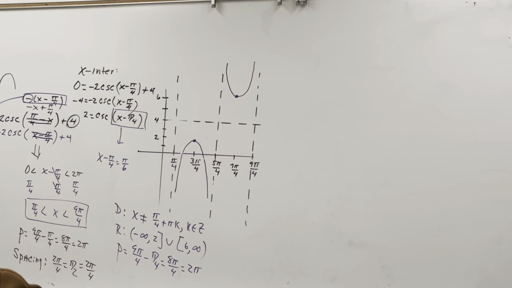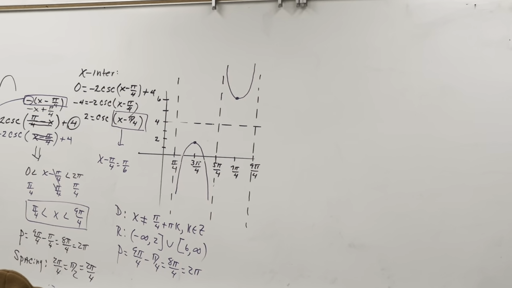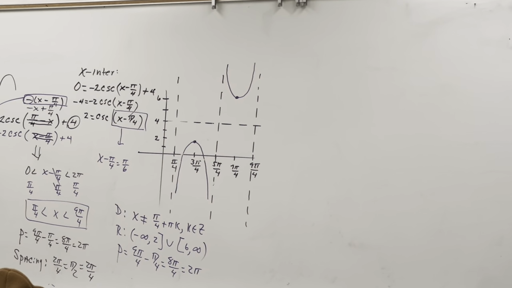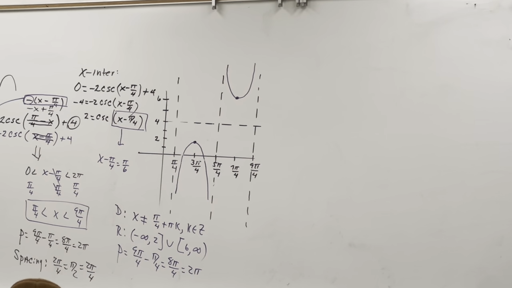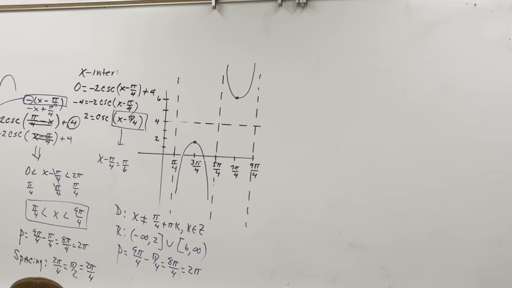Now, brilliant thinking. Give me another angle on the unit circle that would also work besides pi over 6. 60 degrees, pi over 3? Not 60. Another one that may work besides pi over 6. There's another one on the unit circle where, if you put 1 over y, you get 2 again. 5 pi over 6.